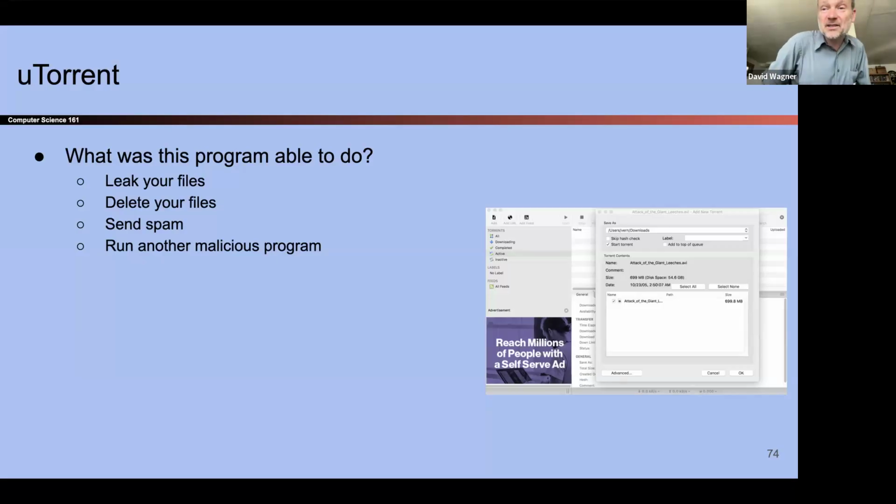Sandboxing. Sandboxing, yeah. If I was to run this program in a sandbox or a virtual machine that limits its access, then maybe I could control what it could do. Maybe I only copy the files that I want to share into that virtual machine or into that sandbox, and then it won't have access to any of my other files, so it can't delete my other files or leak my other files.